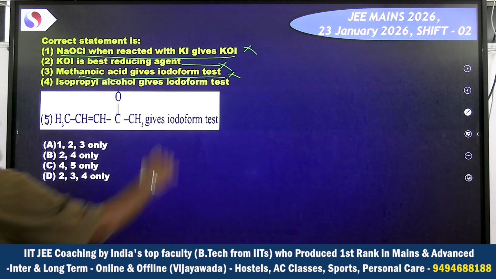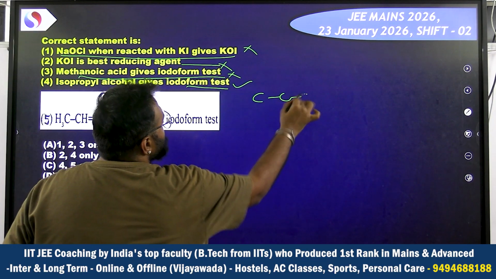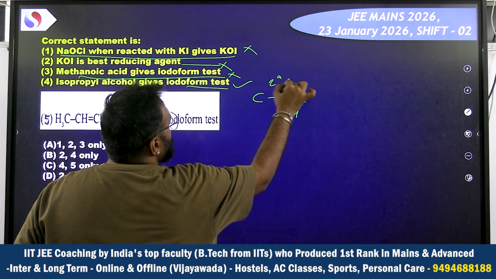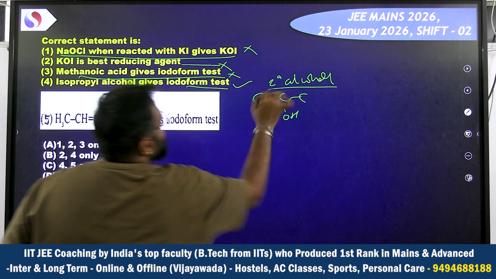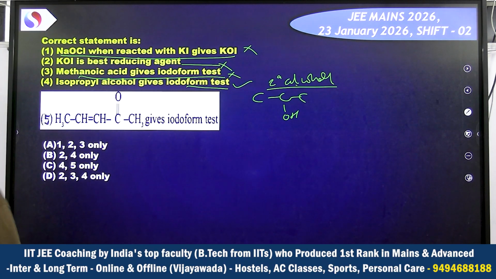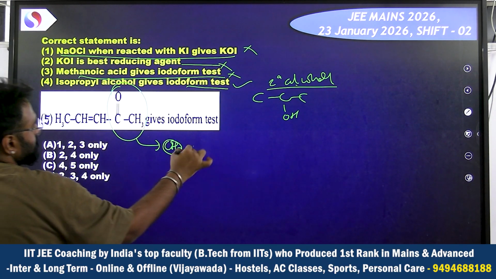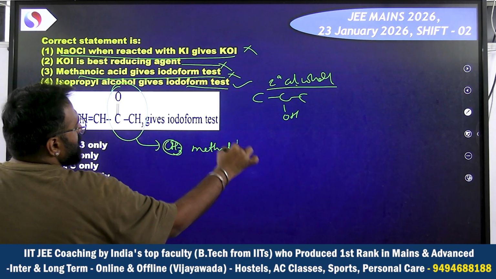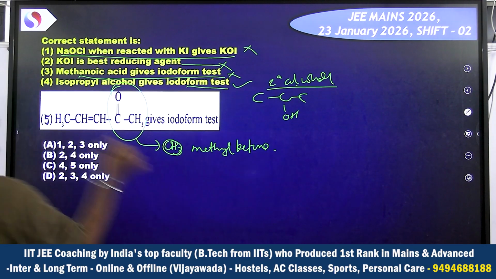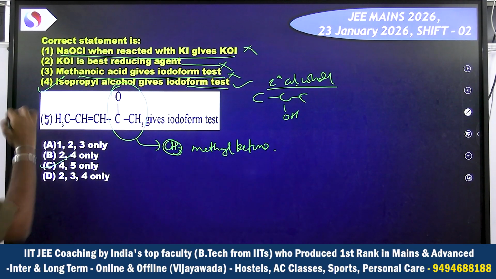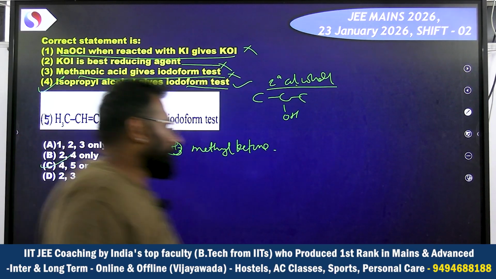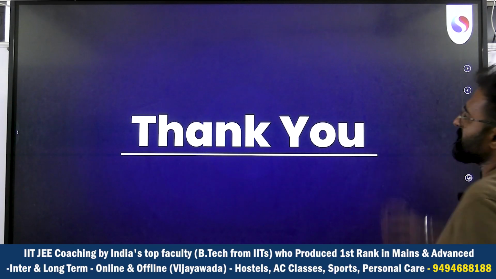Isopropyl alcohol gives iodoform test. Yes, this is isopropyl alcohol, a 2 degree alcohol, and we have studied in the previous lecture. This will give it. And this again is a methyl ketone, so it will also give iodoform test. So only 4 and 5 options are correct. Matlab option number C is correct. Only 4 and 5 are correct. Option number C is correct.